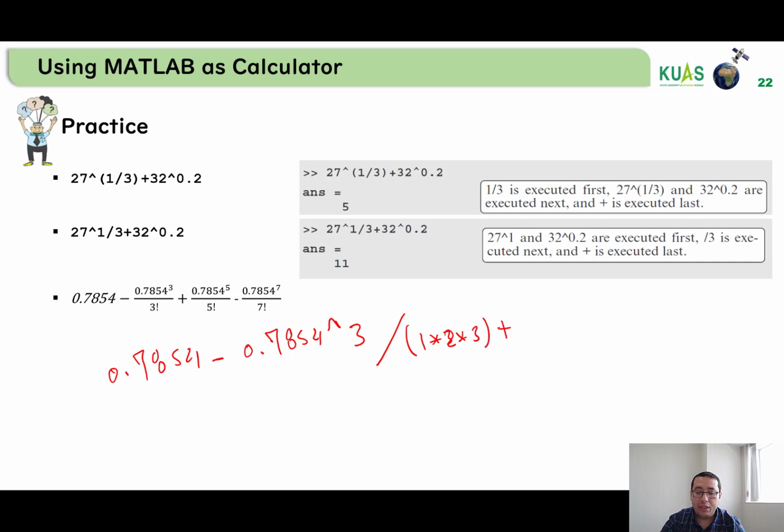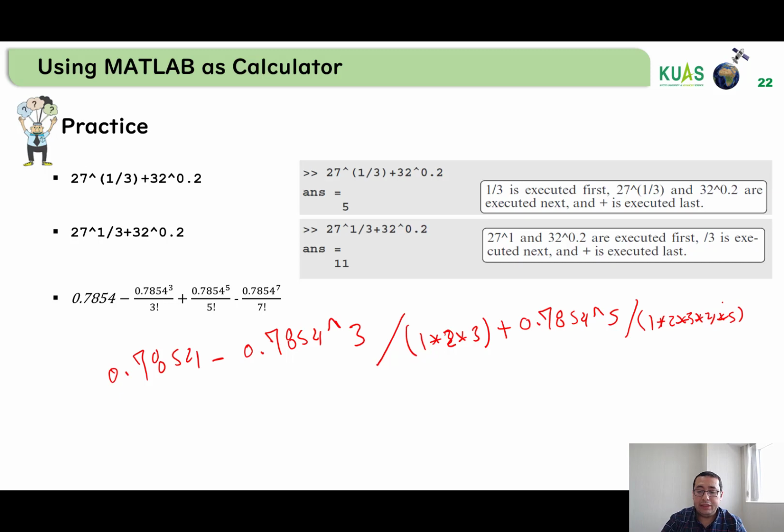Then we write plus 0.7854 to the power 5 divided by 1 multiplied by 2 multiplied by 3 multiplied by 4 multiplied by 5.